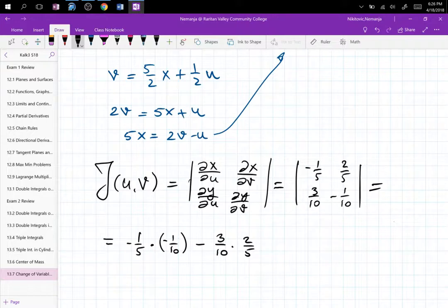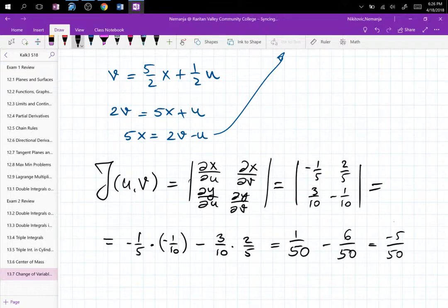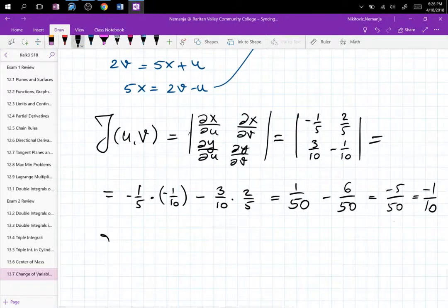So this is going to be 1 over 50 on the first one, minus 6 over 50, which gives you negative 5 over 50, which gives you negative 1 over 10. So your Jacobian, in this particular case, turned out to be negative 1 over 10.